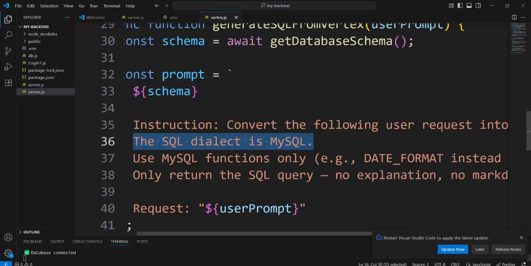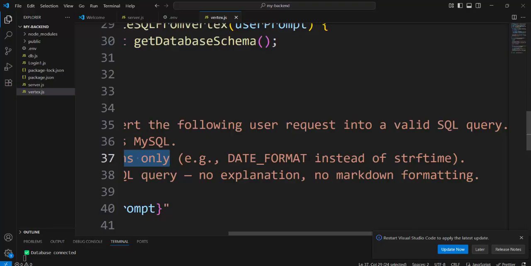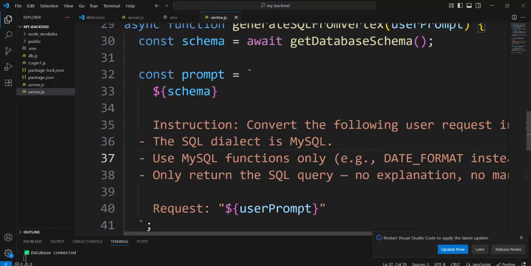It is important. Use MySQL functions only, e.g. date format instead of strftime, okay? And only return the SQL query.